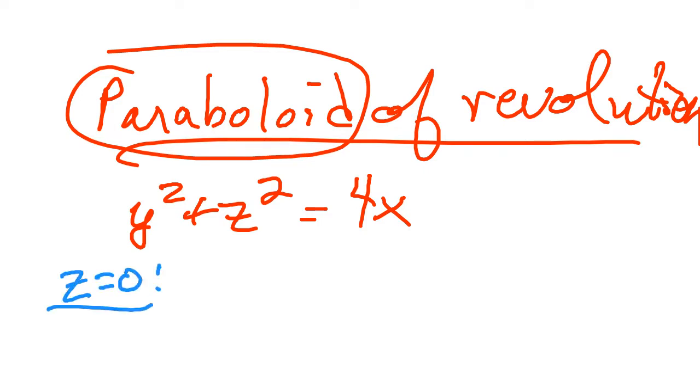If z equals 0, what do we have? We have y squared equals 4x, or basically x equals y squared over 4, or 1/4 y squared. So the reality is that's a parabola, right? When z equals 0, I'm just on the xy plane.